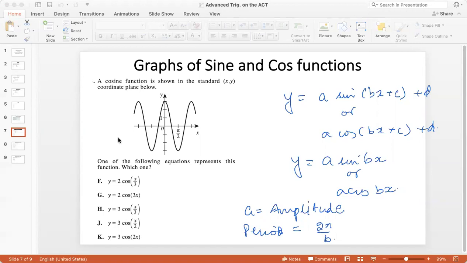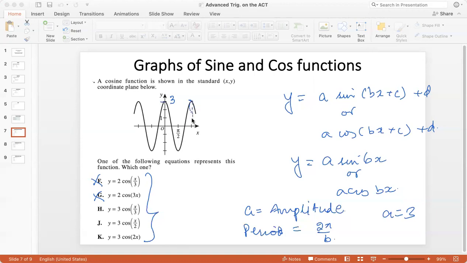So let's say I have to find the correct cosine graph from these options, right? So I notice that the amplitude here is 3. So I know that A is 3, which means that I can cancel F and G. And what about my period? My period goes from here to here.